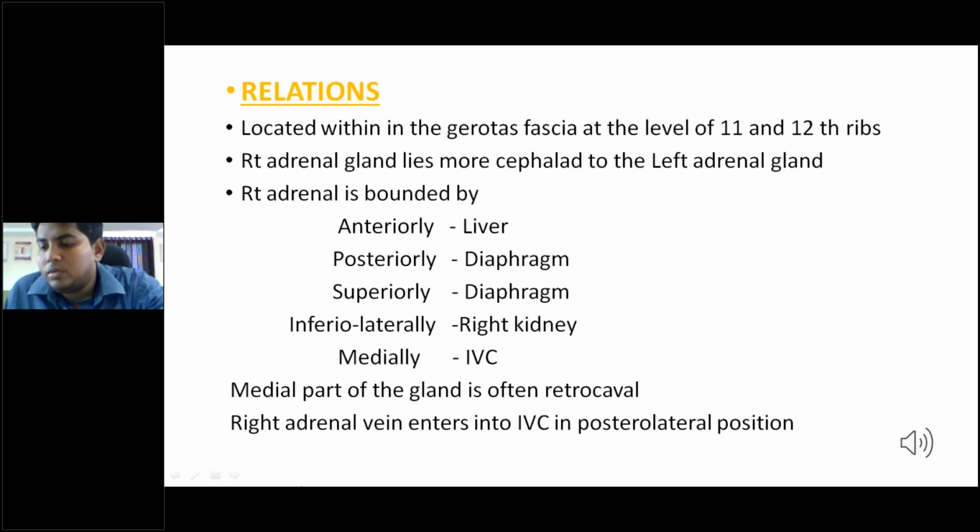The middle part of the gland is sometimes retrocaval, meaning it is behind the inferior vena cava. The right adrenal vein enters the IVC in a posterolateral position, as the medial part of the gland is retrocaval. So these are the relations of the right adrenal gland.